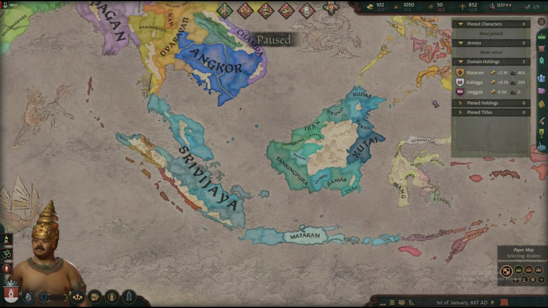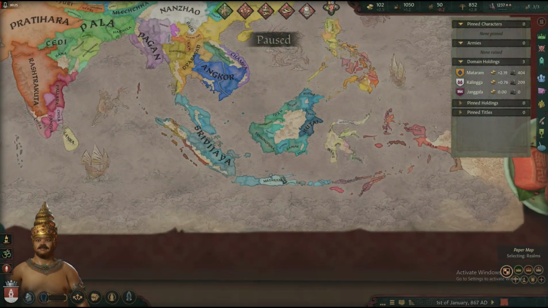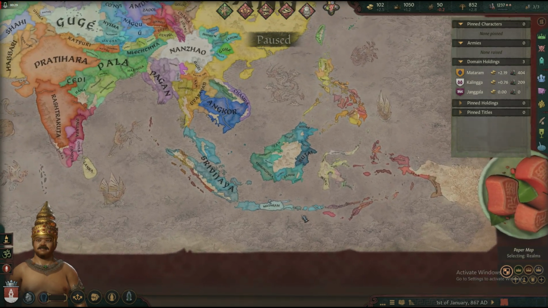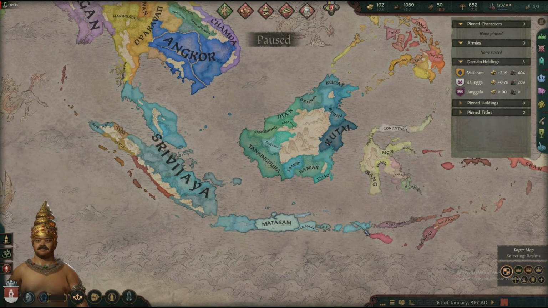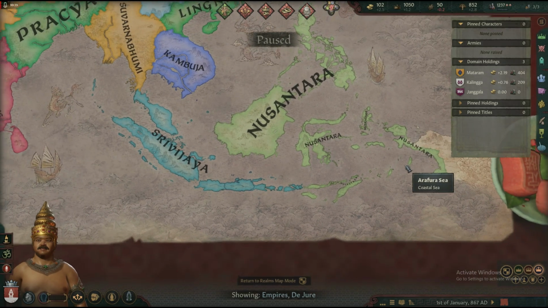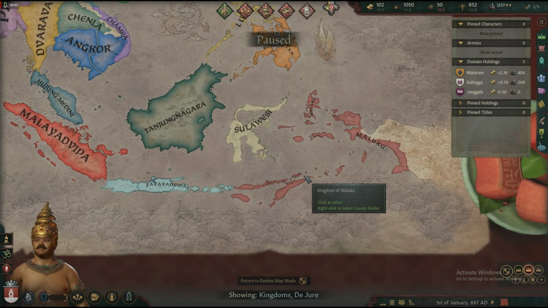So I just picked a random nation down in this area of southeastern Asia. I forget exactly the name of what this island is called. Asia's not my strong suit. But, I don't know. Maybe Kingdom?